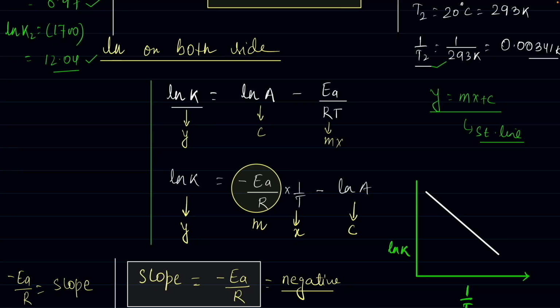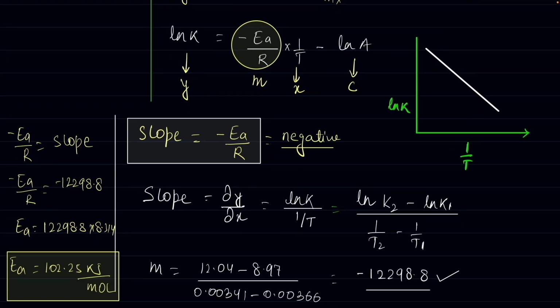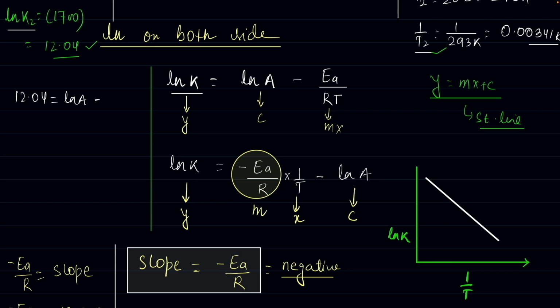For ln k, we can take the ln k2 value. It's equal to 12.04 is equal to ln A minus Ea, this is the value of Ea. So we substitute it here, 102250 divided by gas constant 8.314. Temperature for K2 is 20 degrees Celsius. So it's 293.